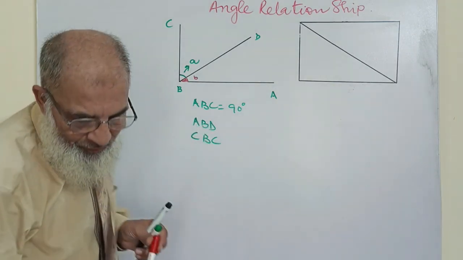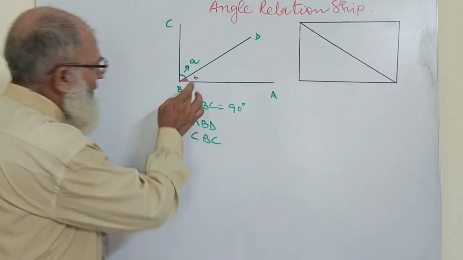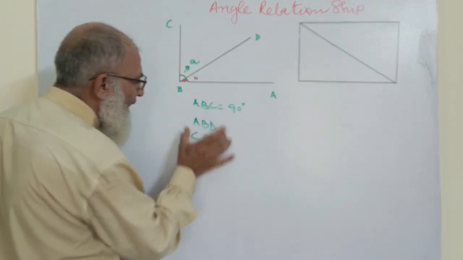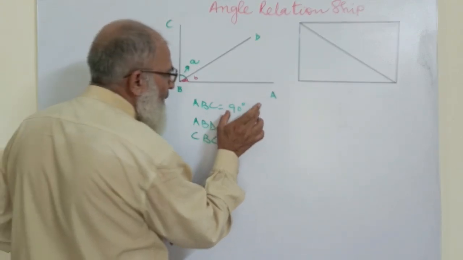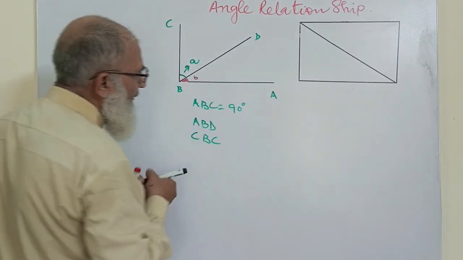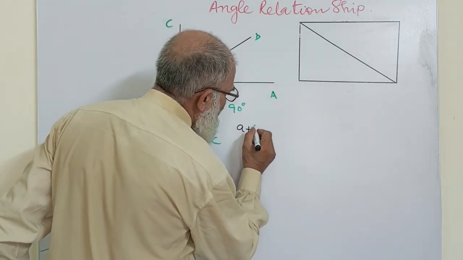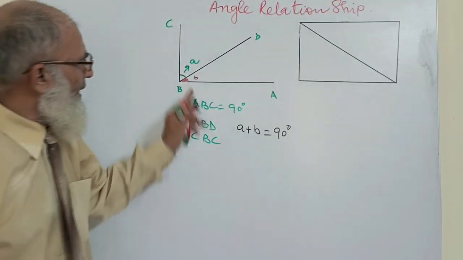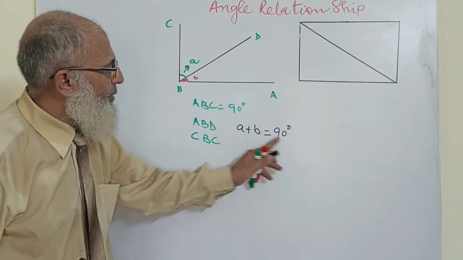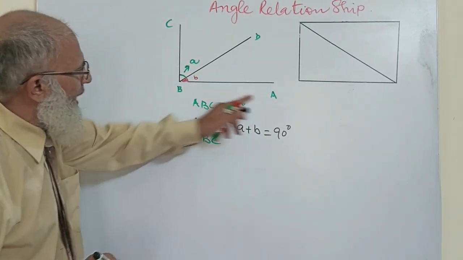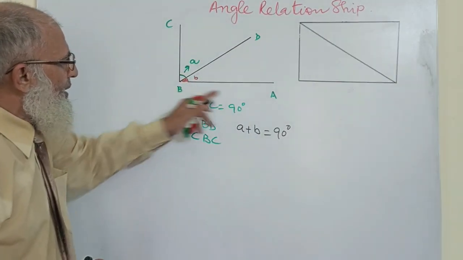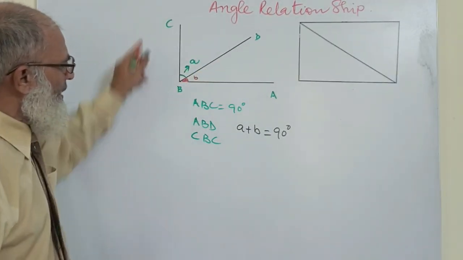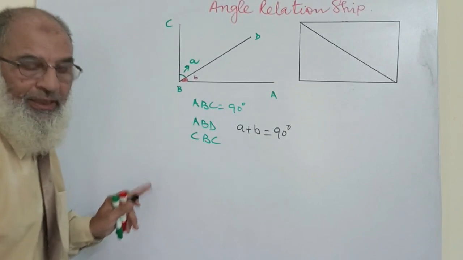If I add these two angles, A and B, it will come up with 90 degree. So A plus B will become 90 degree. Similarly, if you add ABD and DBC, it will constitute 90 degree.